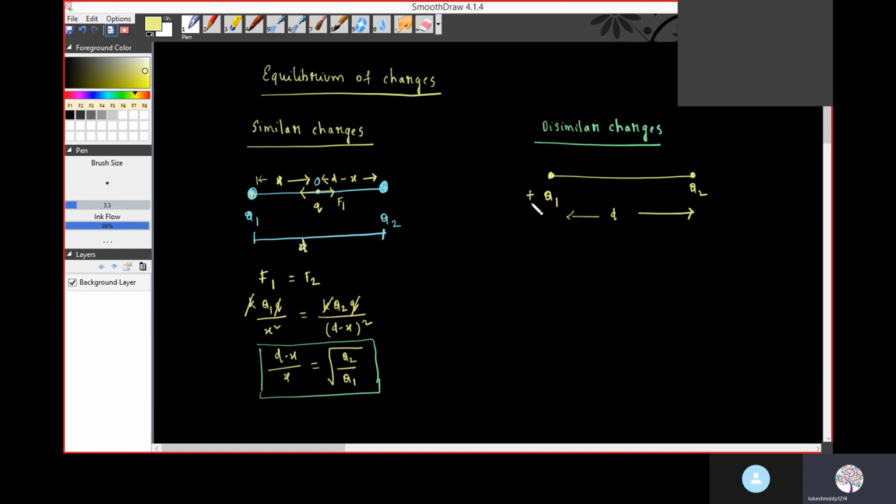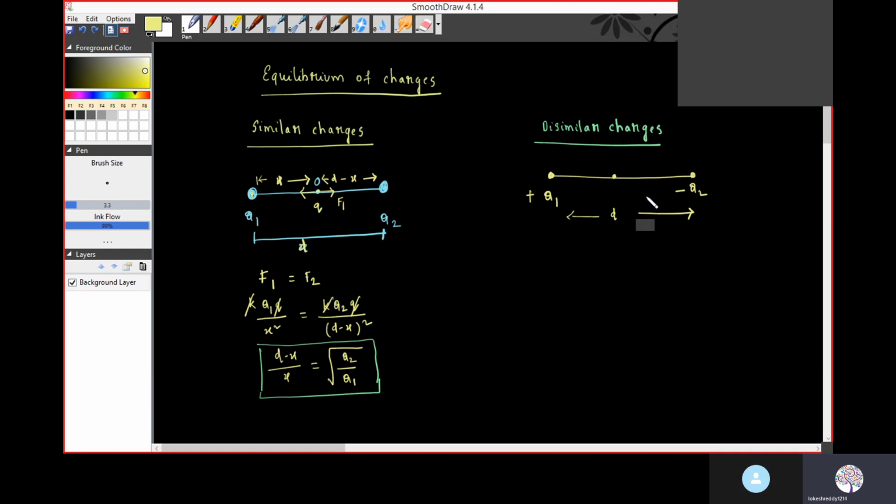Dissimilar charges means one is plus and the other one is minus. If I take a point in between the charges, this one is going to push in this direction and this one is going to attract in this direction. So in between these two, I may not get any point where the sum of electric forces is equal to 0, because everywhere they will add up. So in between Q1 and Q2 it is not possible.